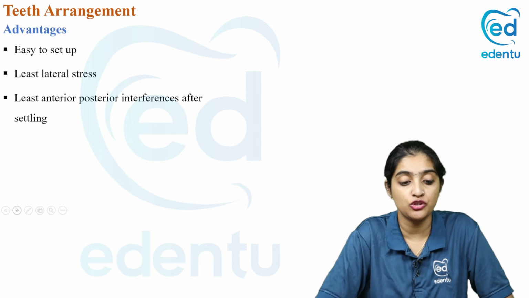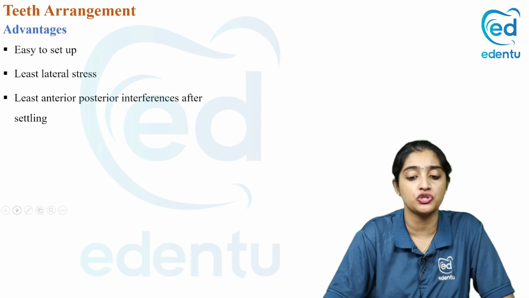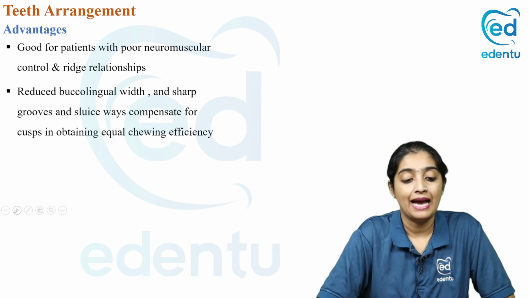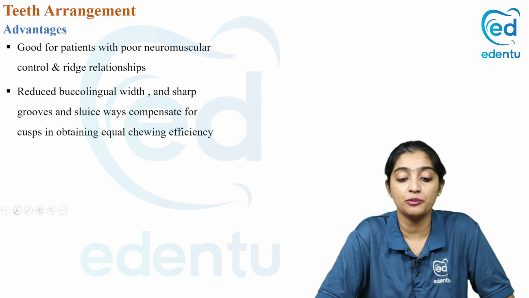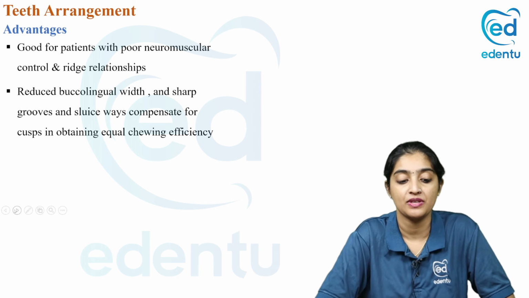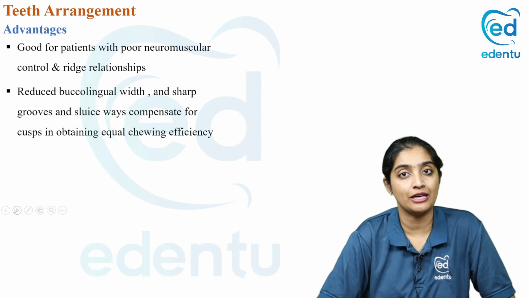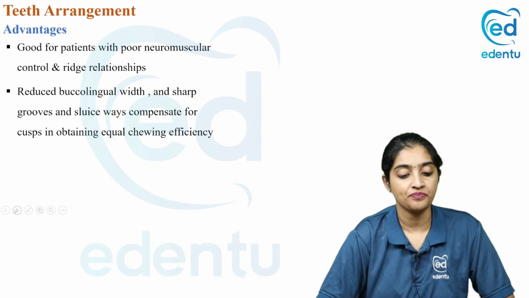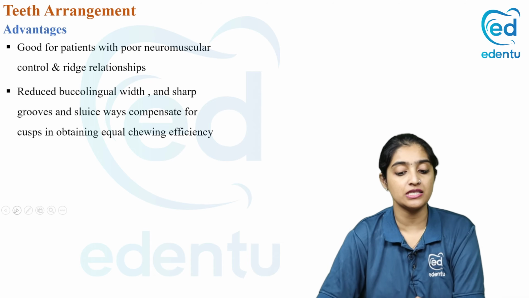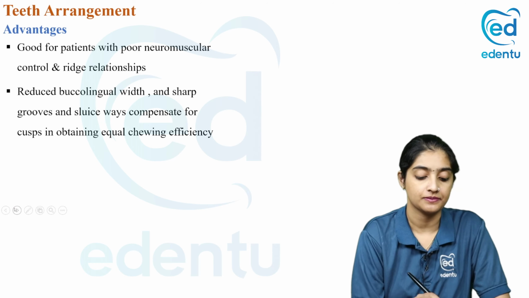Advantages: it is easy to set, with less lateral stresses and the least anteroposterior interferences after settling. It is also good for patients with poor neuromuscular coordination and ridge relationships, especially patients where recording the maxillomandibular relationship is very difficult. Reduced buccolingual width and sharp grooves and sluiceways compensate for the cusps in obtaining chewing efficiency.